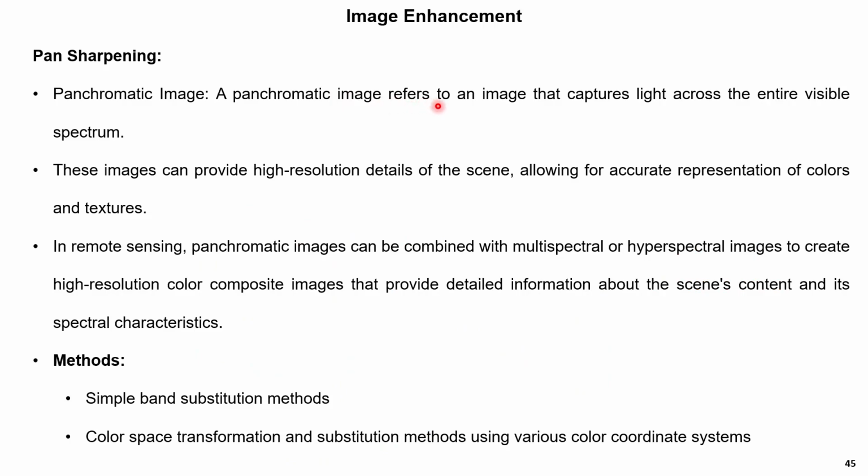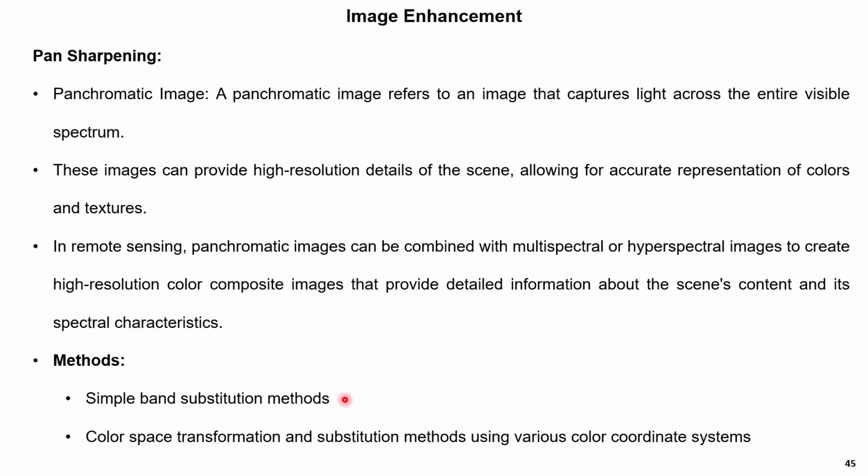Your panchromatic image is an image across your entire visible spectrum. It is just one single band. It will capture wavelengths from blue all the way up to red and near infrared. That much will be the wavelength of the pan image, and it has very high spatial resolution.